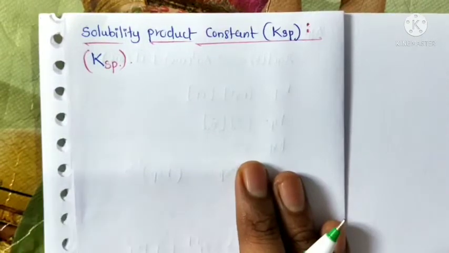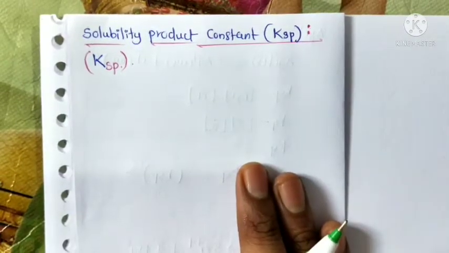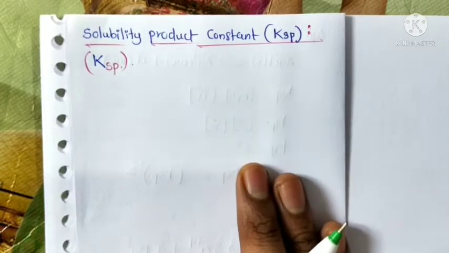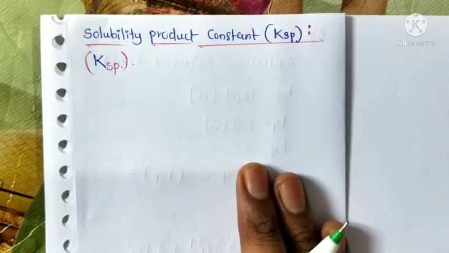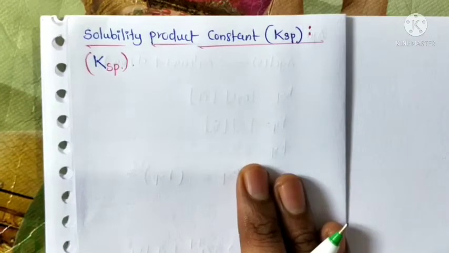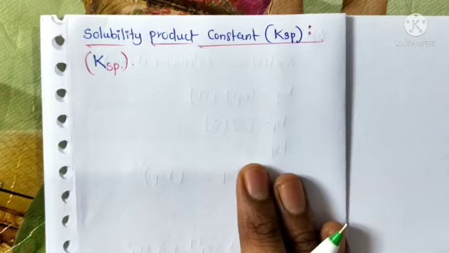Why should we learn the solubility product of a salt? If we know the solubility product of a sparingly soluble salt, we can determine the solubility of that particular salt.